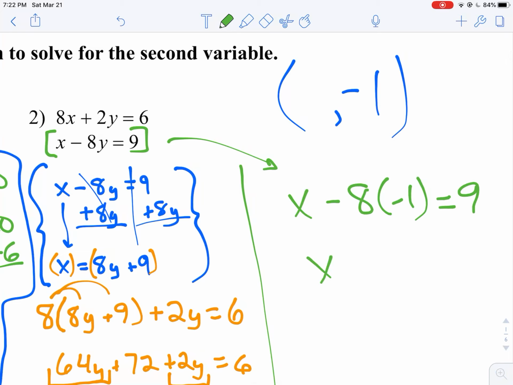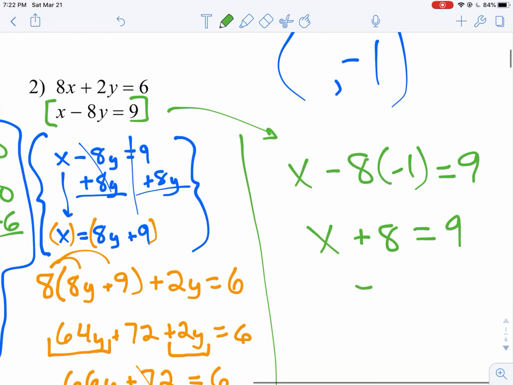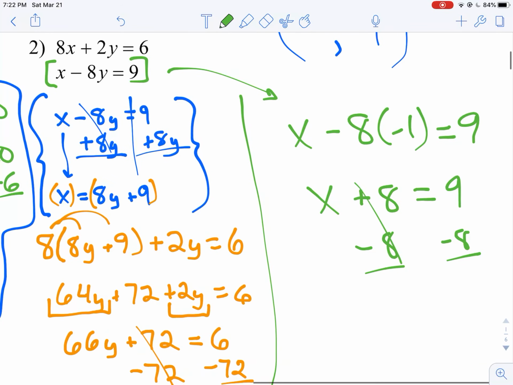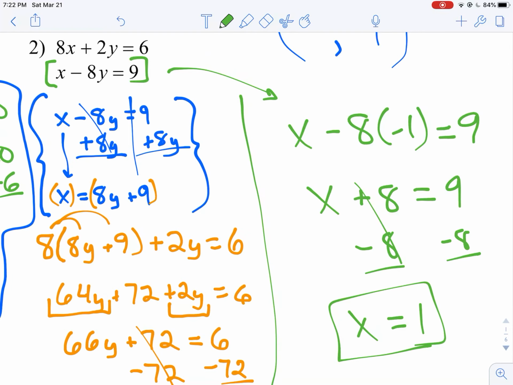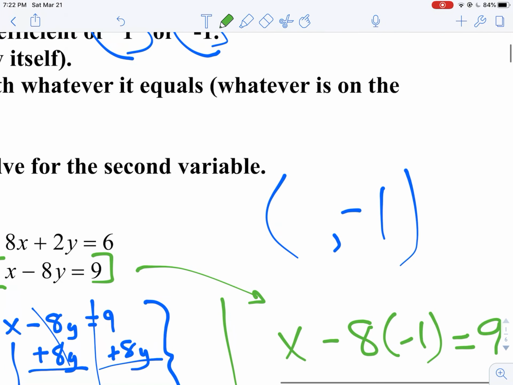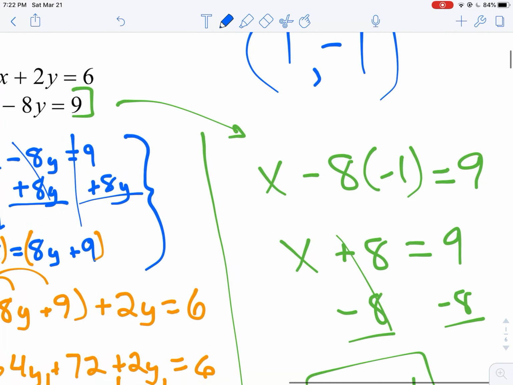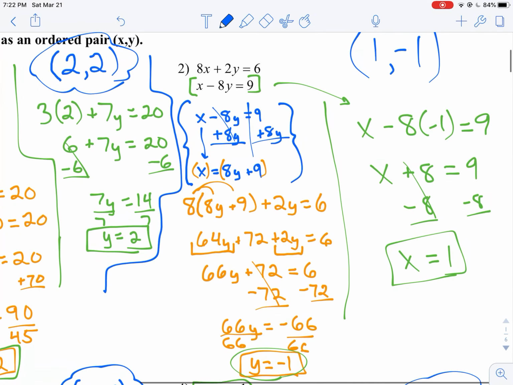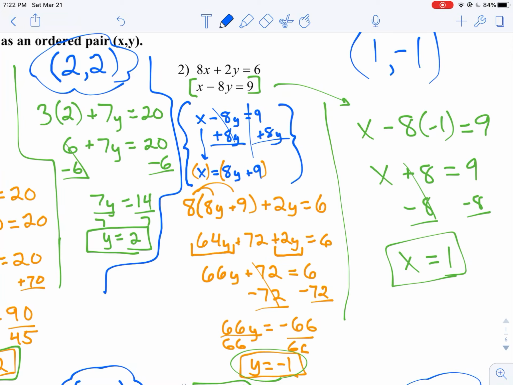We have a negative 8 times a negative 1, so x, that's positive 8, equals 9. We're going to go ahead and minus 8, minus 8. Okay, x equals 1. So I found x. I already knew what y was from the first one, so my final answer is 1 comma negative 1. So there's all the work for number 2.